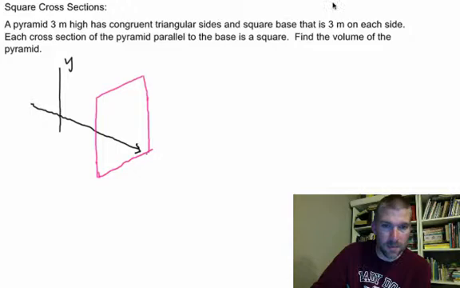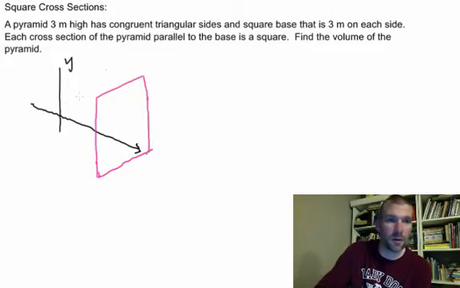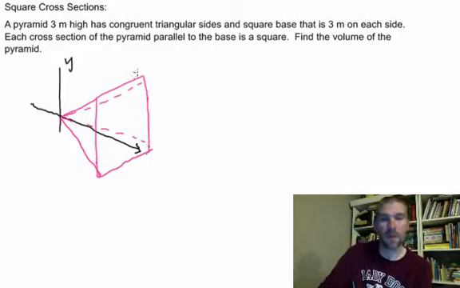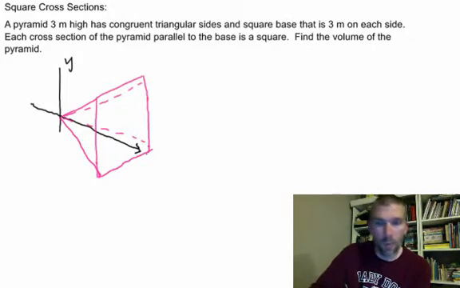Remember, that's x, and all these different corners come back to the origin. What we want to do is find the area of this part right here. What's the area of this square?